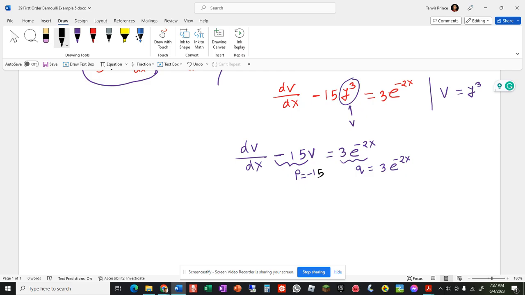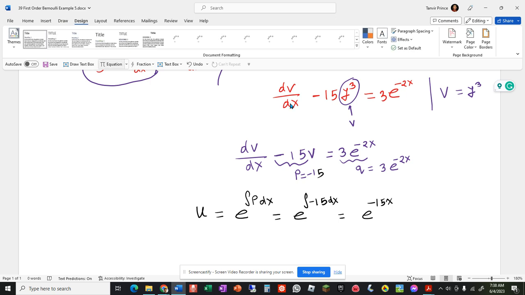So start by finding the u, which is e to the power integral of p dx. This is e to the power integral of negative 15 dx. So integral of negative 15 is negative 15x. Here do not add any c. You choose c to be 0.